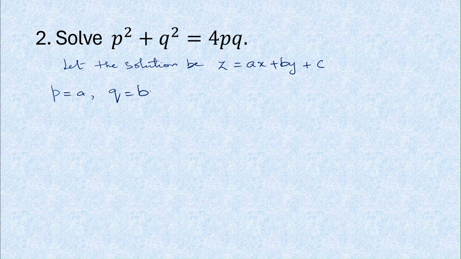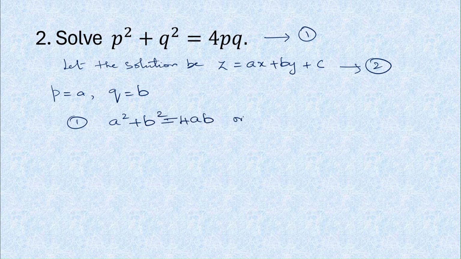If it is a problem under standard type 1, directly we can substitute p is equal to a and q is equal to b in the given problem, that is equation 1. So now putting in equation 1, that gives you a square plus b square is equal to 4ab, or otherwise we can write it as b square minus 4ab plus a square is equal to 0.